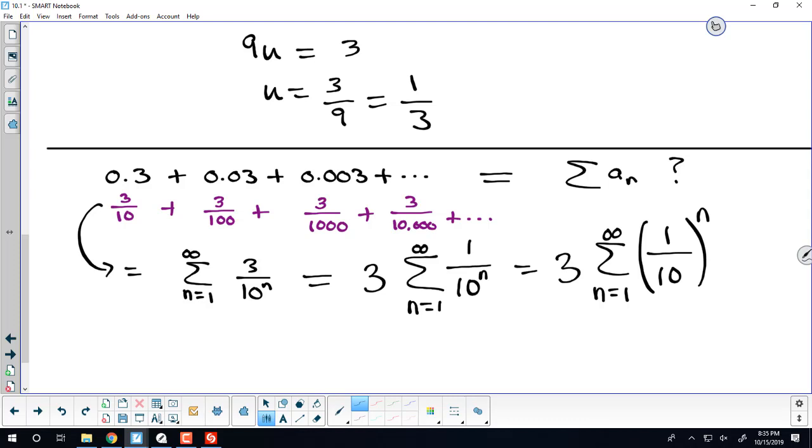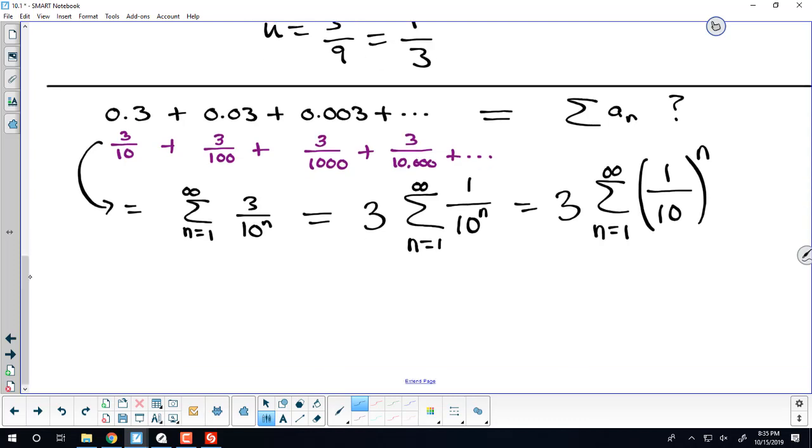Or what sometimes is done: what if I want that sum to start at 0 instead of at n equals 1?